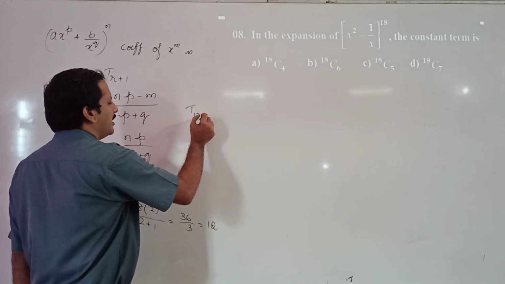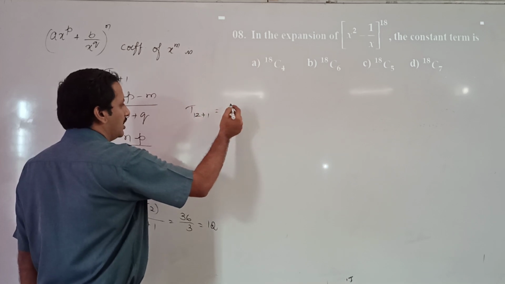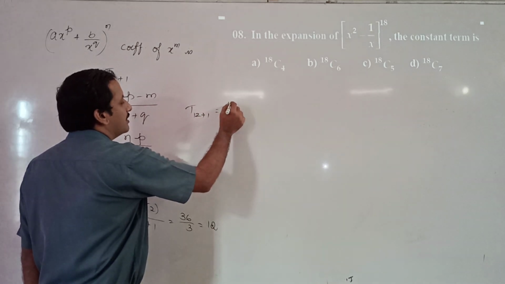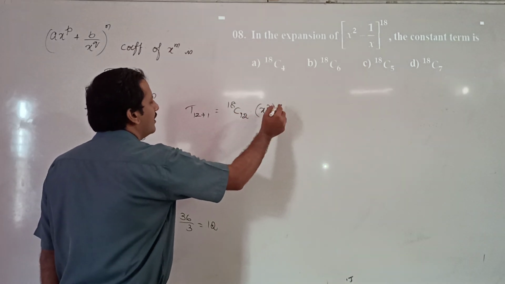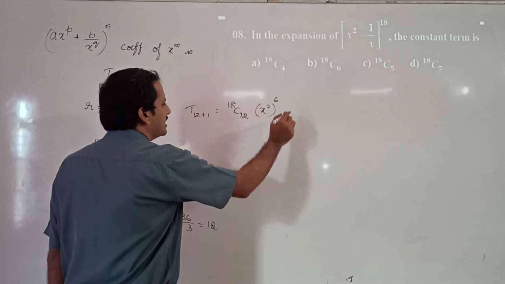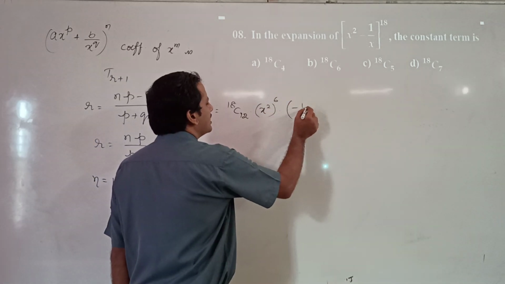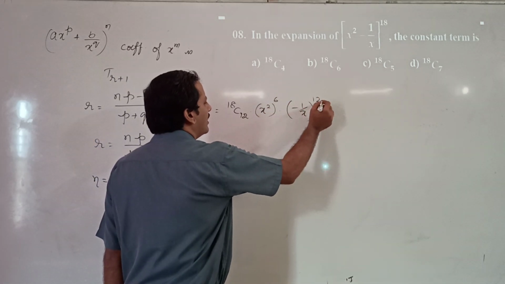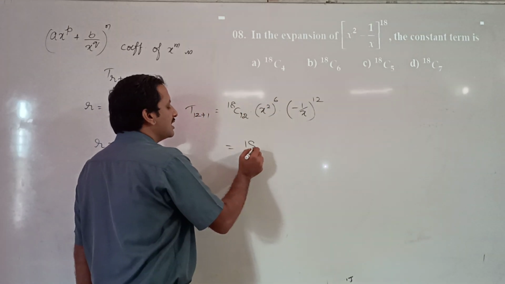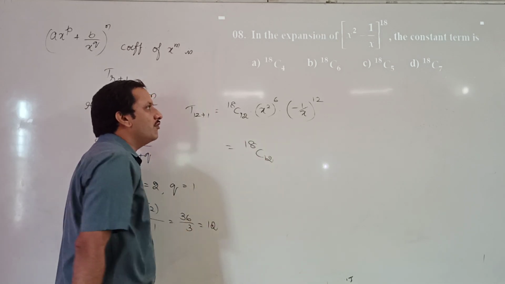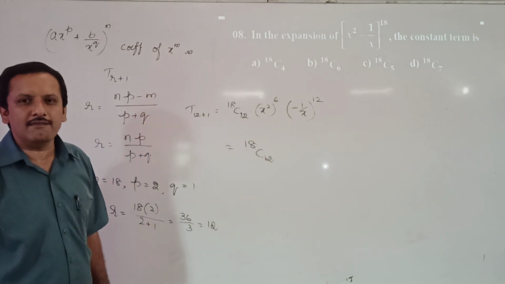T(r+1), T(12+1), is equal to nCr, which is 18C12 into (x square) whole power 18 minus 12, that is 6, into (minus 1 by x) whole power 12. This is x power 12, so x power 12 gets cancelled. So the answer is 18C12.